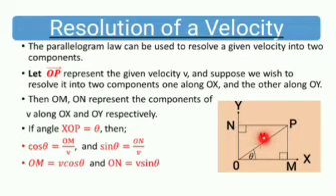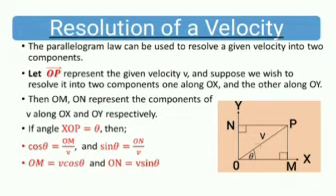Still the same thing. That is why sine theta is equal to ON over phi, which is the velocity. So to make ON the subject of the formula, we now have ON is equal to phi sine theta.